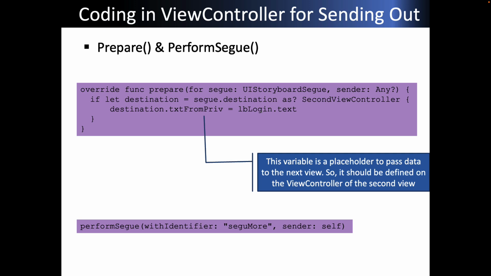The value that is typed by the user on the first view, because we say, hey, enter your login name, that login name is very nicely passed to the second view. So in the second view, we can do something.